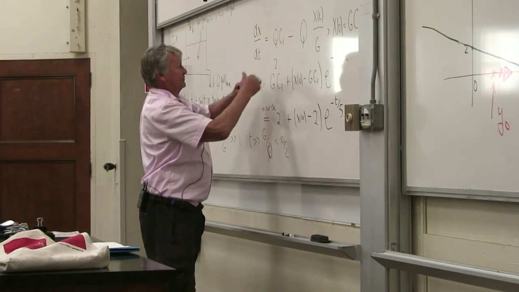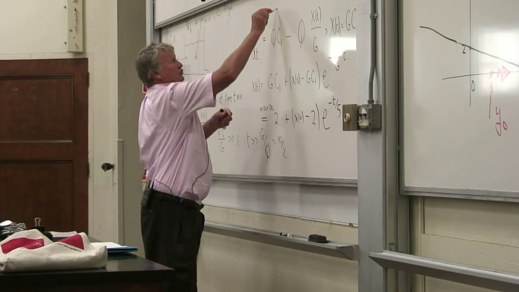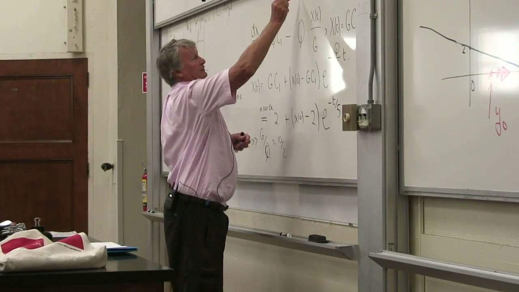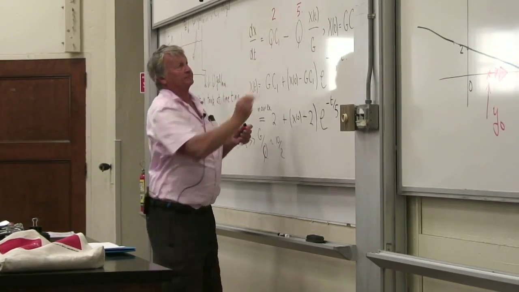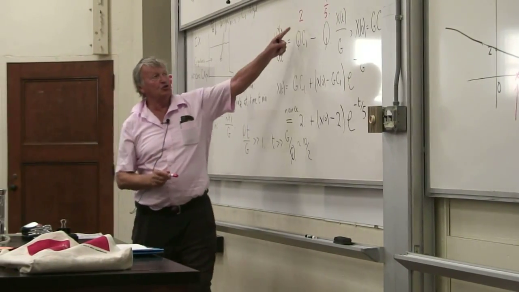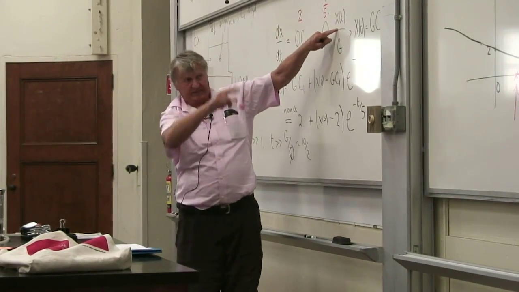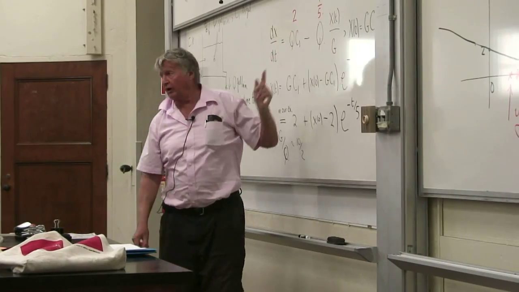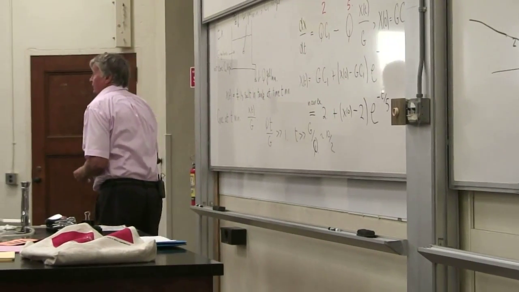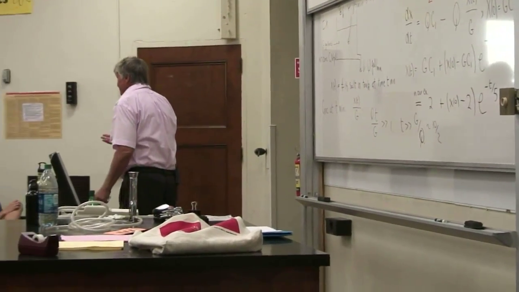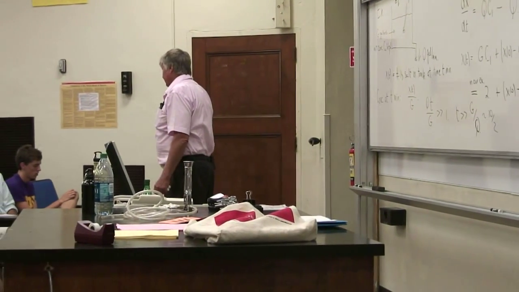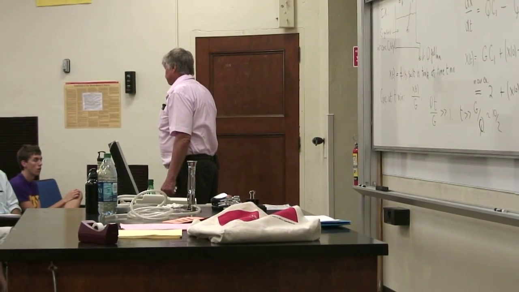This guy, let's put it up here, would be 2. This would be 1 over 5 here. So this is 2 minus, our x is y in this case, 2 minus y over 5. So just by drawing the graph at the right-hand side, we can tell what's going to happen.